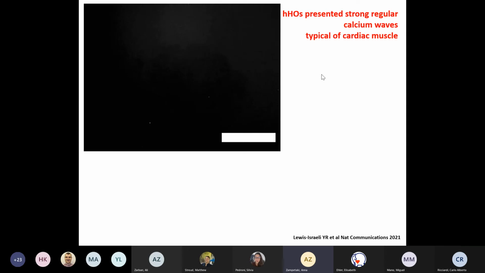Now, the other thing that the authors did was generate some iPS cells that carry a calcium reporter, and what you see here are calcium waves, which are typical of cardiac muscle. So again, some functional data to indicate that this is a good representation of cardiac tissue.